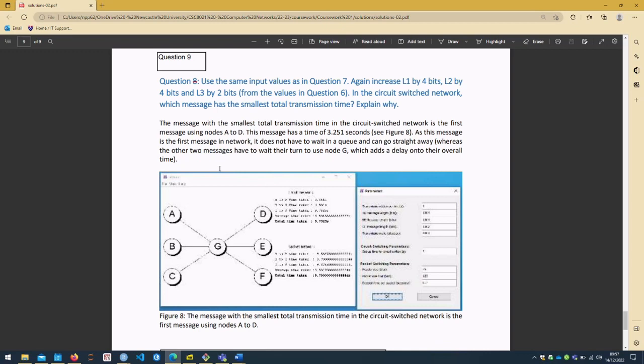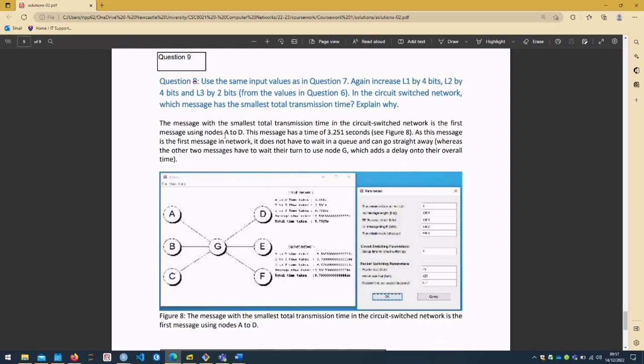So I can't remember if in this case you end up with 2 messages of the same length straight away. Yes, in this case, because you have 2 messages that have the same length, it sort of goes through alphabetical order.